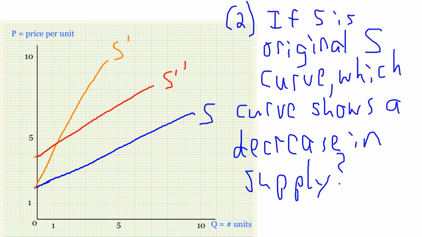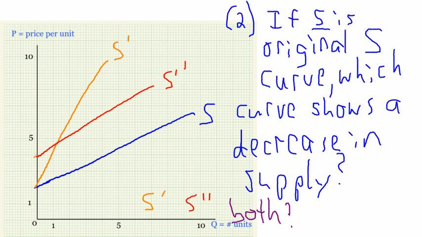And so the question is, if S is the original supply curve, which of the curves, S prime or S double prime, shows a decrease in supply? Is it S prime, or is it S double prime, or is it both? Pause it here if you want to think about it before you hear the answer.